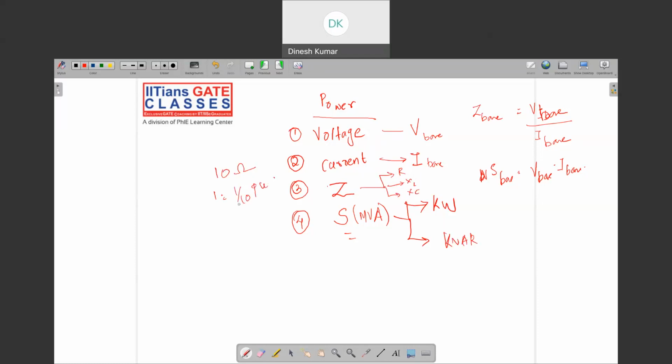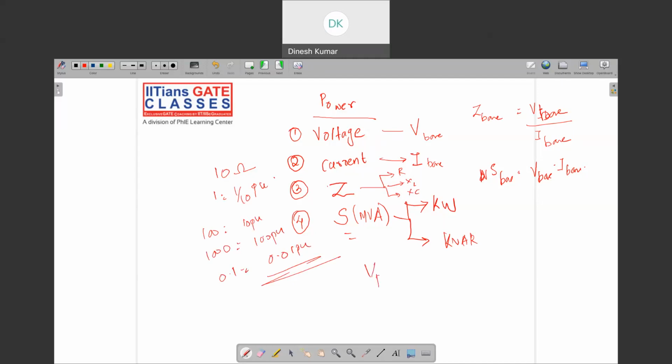So 100 ohm will be 10 per unit, 1000 ohm will be 100 per unit, or 0.1 ohm will be 0.01 per unit. Like this, we divide by the base to get the per unit. If you want to convert it back, just multiply with the base.